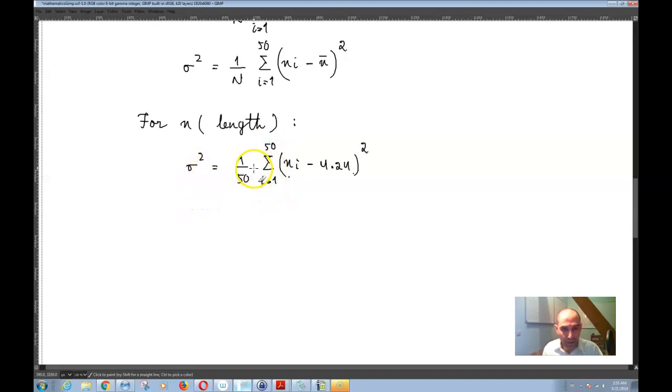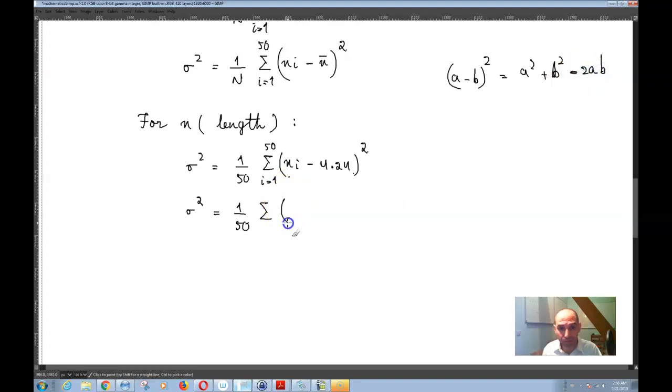Now I can write this as sigma squared is equal to 1 over 50 sigma of, I can raise this to the second power, meaning that a minus b raised to the second power is a squared plus b squared minus 2ab.